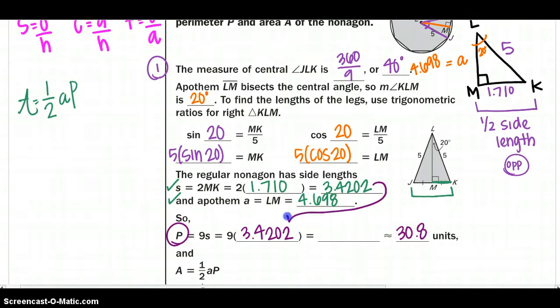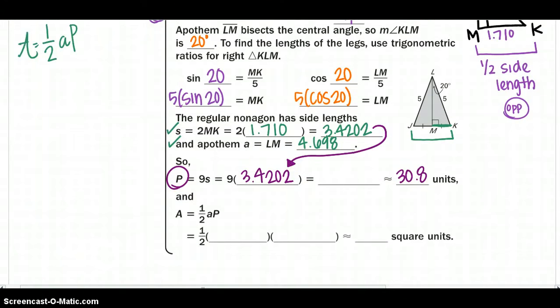So again, we're just moving those things down to get the next step, our area equals 1/2 our apothem, which we said was 4.698, times our perimeter, and we would get approximately 72.3 square units. If you need to go back and review that problem, that might be a good idea, because there are a lot of steps, but once you get the hang of what you need to do next, it will feel like it is coming to you a lot easier.